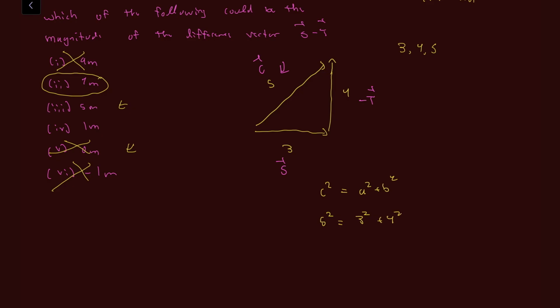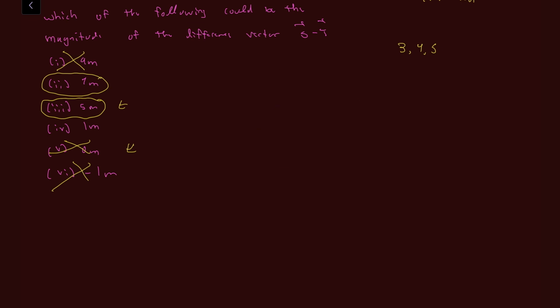And let's see. So 5 squared is 25, 3 squared is 9, 4 squared is 16, and as you can see, 25 does indeed equal 25. So if our vectors were added in such a way, then it is completely possible for 5 meters to be a resultant magnitude. Cool. What about 1 meter?